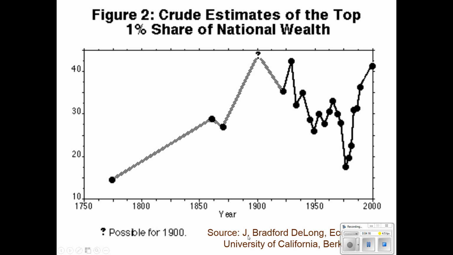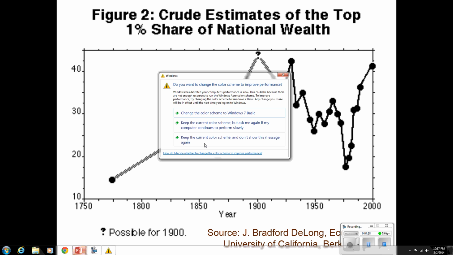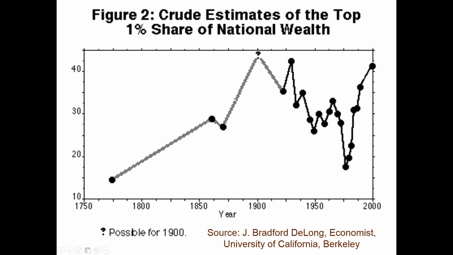Now, this is a chart, a graph of the trends in distribution of wealth. And you can see toward the end of the Gilded Age, you had an extreme inequality of wealth, and then it drops. It drops during the Depression.